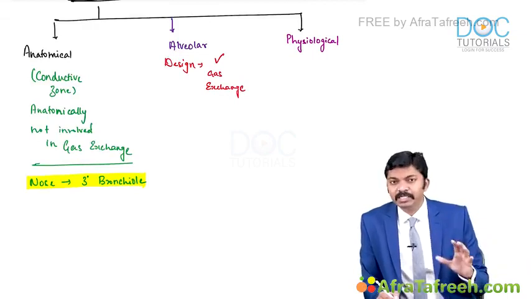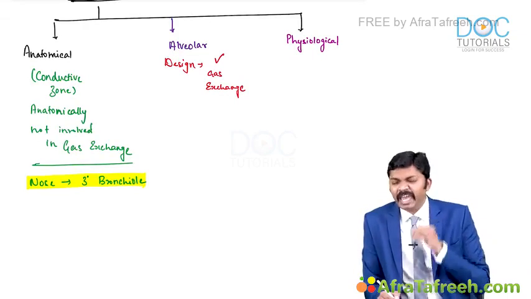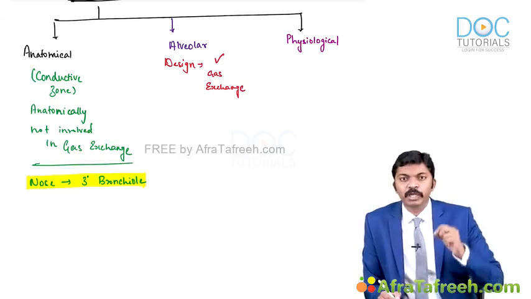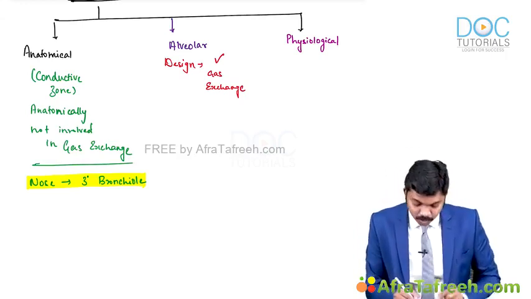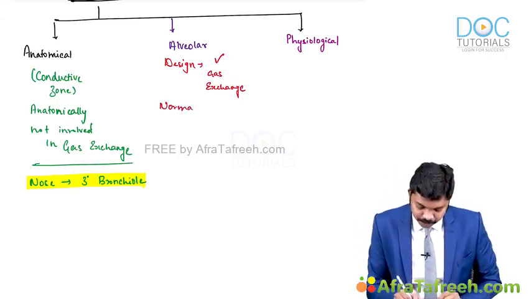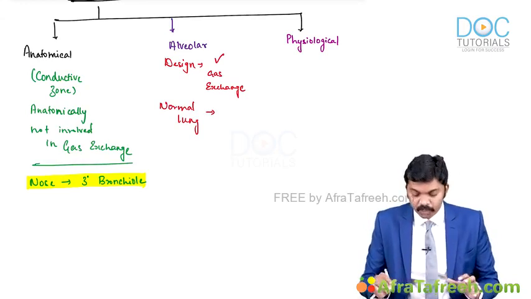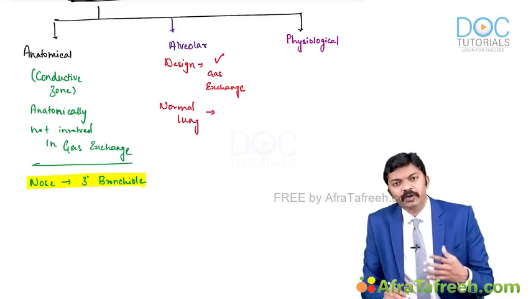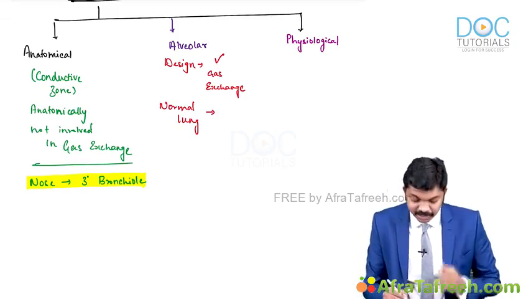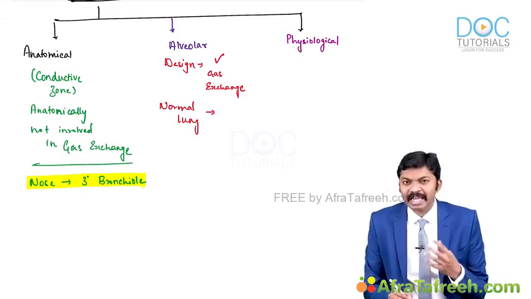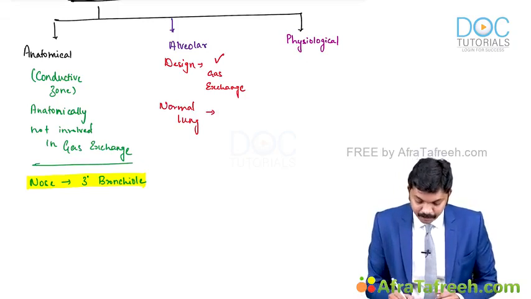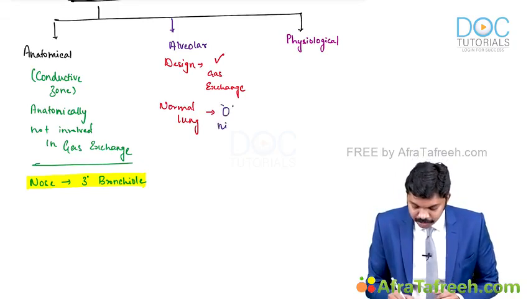In a normal lung every single alveolus is going to be involved in gas exchange. Since the alveoli are normal and participate in gas exchange, the space we call alveolar dead space is 0, or there is nil alveolar dead space.